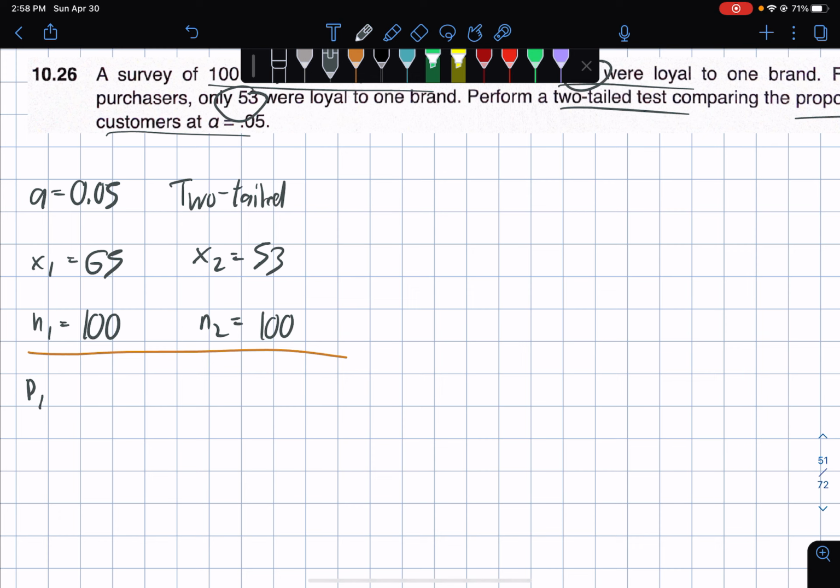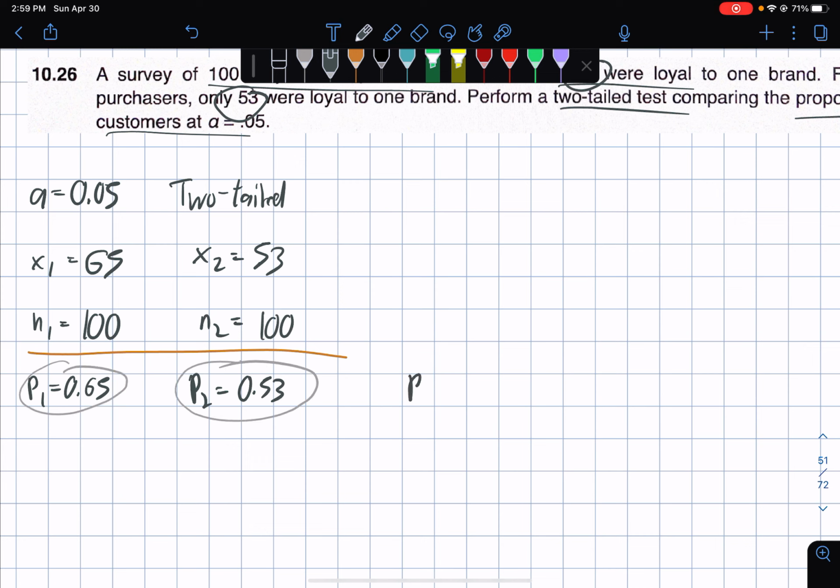Let's solve for P1 and P2. For P1, we have 65 over 100. That's x1 over n1, which is basically 0.65. And then for P2, we have 53 over 100. That is 0.53.